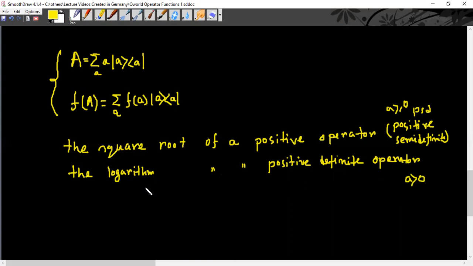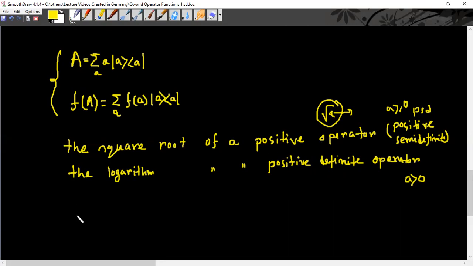And it makes sense because the logarithm of negative numbers is undefined, and also if you want to get real numbers for this root, then this A has to be positive semi-definite, so it makes sense.